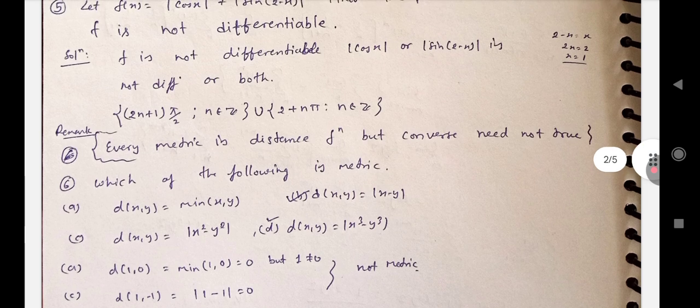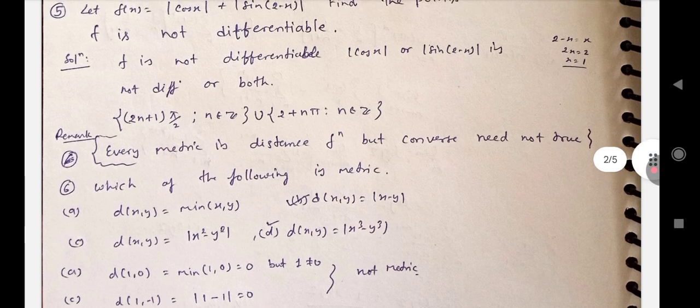At which values is cos x equal to 0? We know (2n plus 1) times pi by 2. At these values cos x is 0, so the modulus has a corner there, and we take the union with sin(2 minus x). At which point is sin(2 minus x) equal to 0? 2 minus x equals n pi, which implies x equals 2 plus n pi or 2 minus n pi.